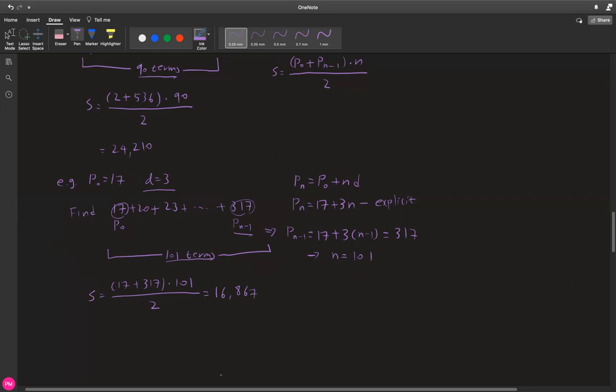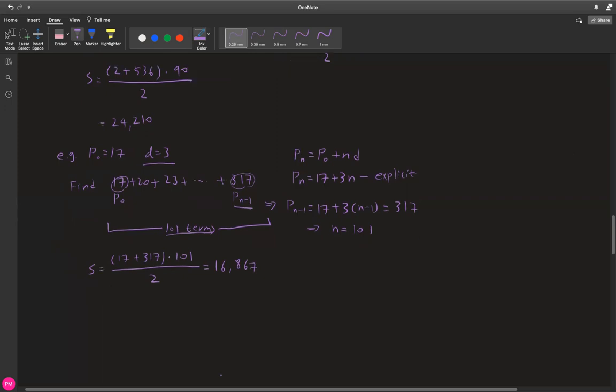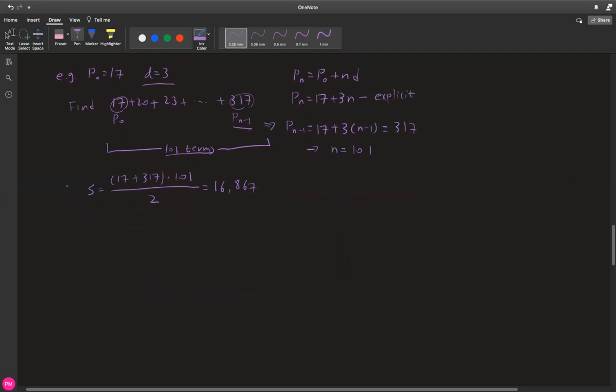So let's look at another example that's really similar to this, but with different numbers. In this example, you were told to find the sum for, let's say, 4, 6, 8, all the way up to, let's say, 98.